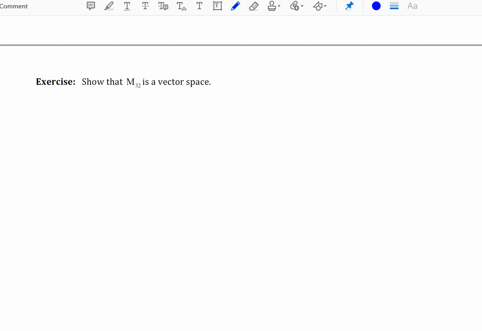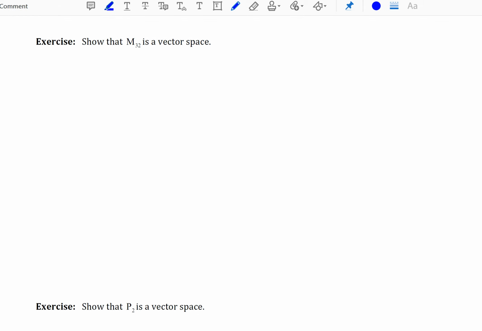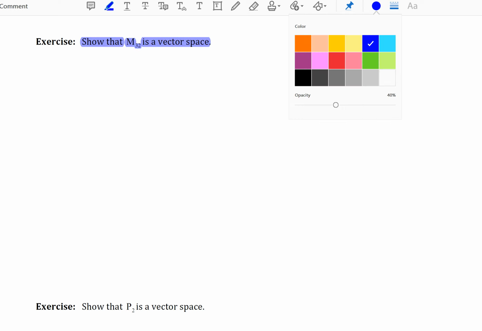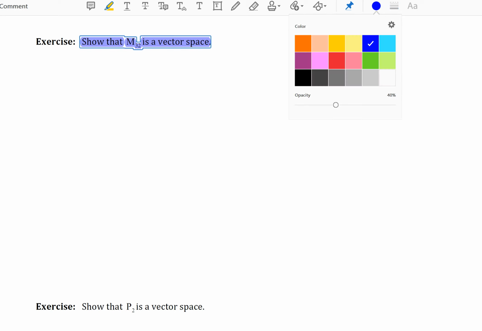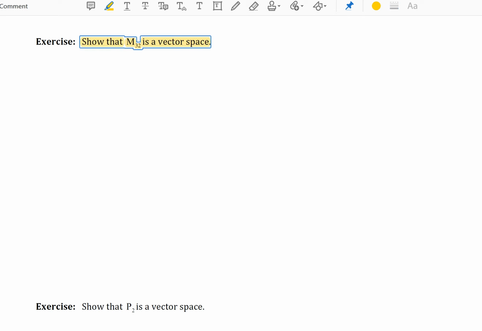And let's start with M32. Let's show that M32 is a vector space. To show that M32 is a vector space, let's again write out what this might look like.